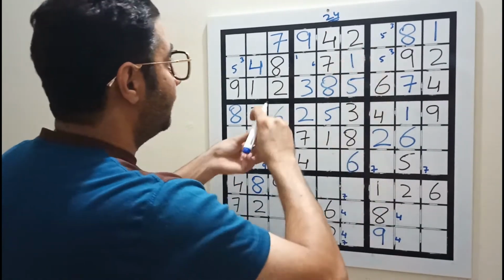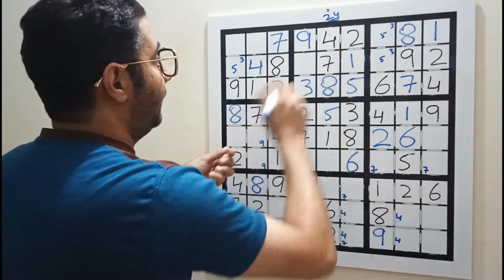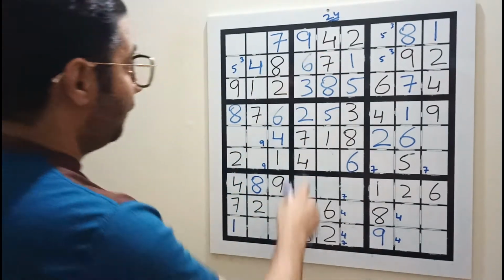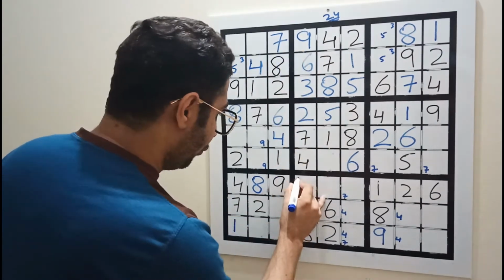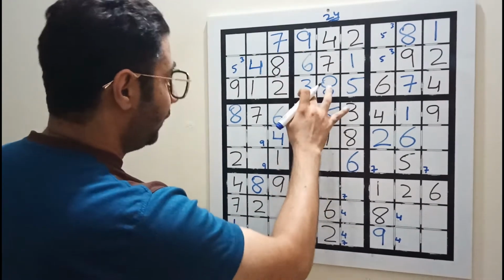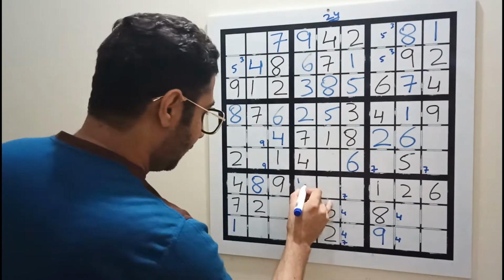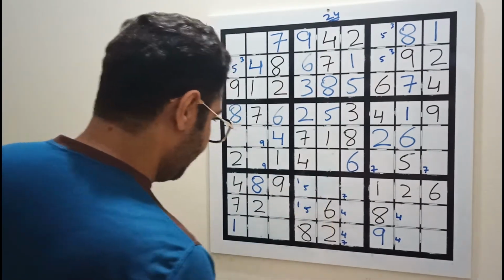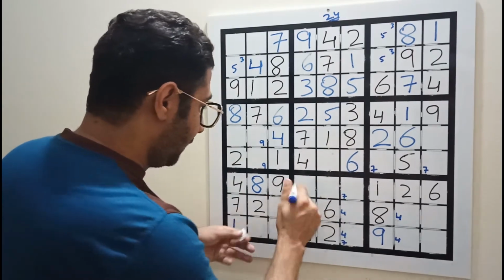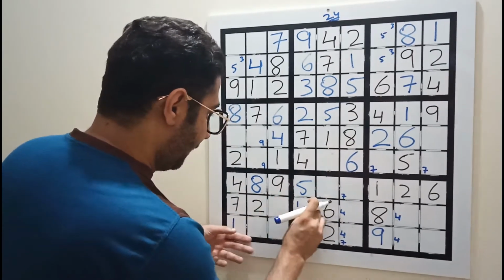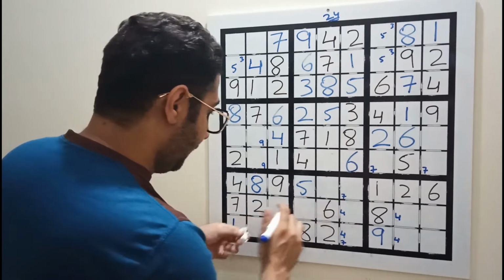This will become 1. And we got our 6. We got 2 blocks here. What are our missing numbers? 1, 2, 3, 4, 5. We have 1 here. This becomes 5 and this becomes 1.